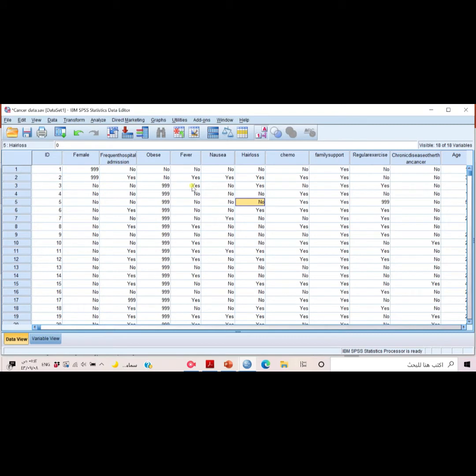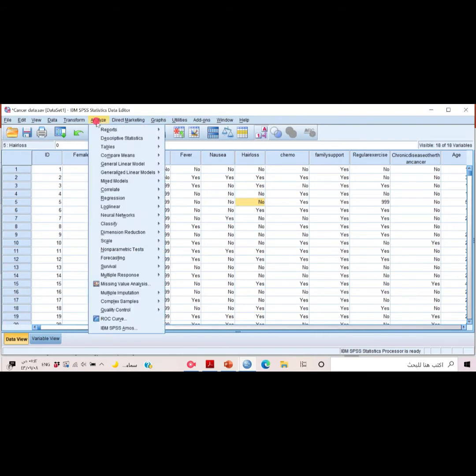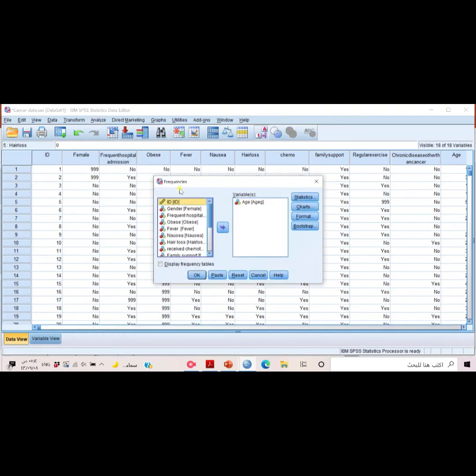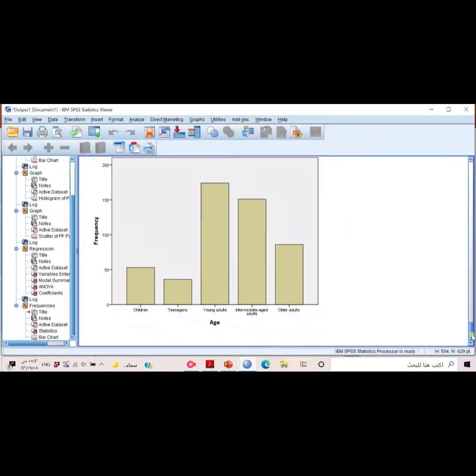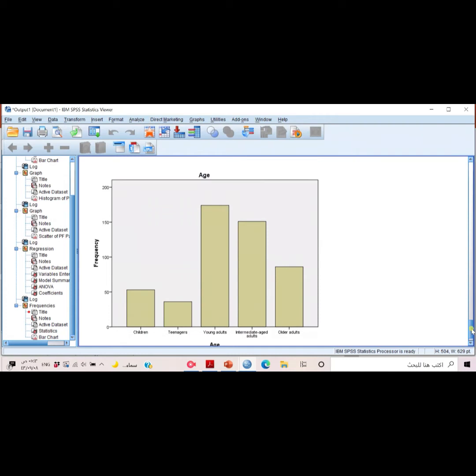Let's say I want to do a bar chart to describe the age groups among cancer patients. And I will do either bar chart or pie chart. So I will go to analyze, descriptive statistics, and I will go to frequencies, and I will put age group here, deselect display frequency tables, and I will press OK.